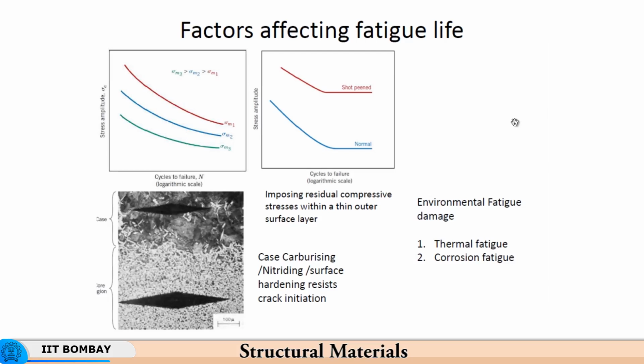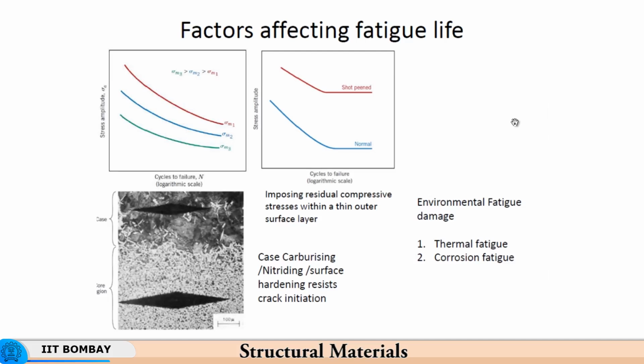If the sigma mean is high, it is going to be very damaging because of its capability to deform the material, and that is why the stress amplitude is low, and so is the mean value of stress that the material can withstand.